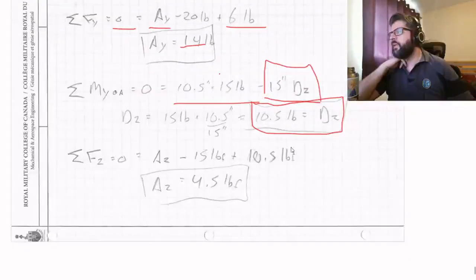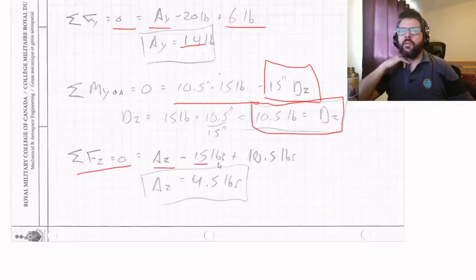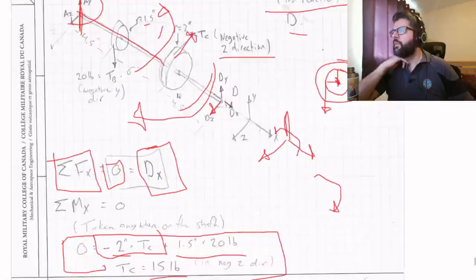And once we have that, just add up the total forces in the z direction. Got a reaction at A minus the 15 pounds for the tension in the tape. Again, keeping in mind that our z positive direction is this way.